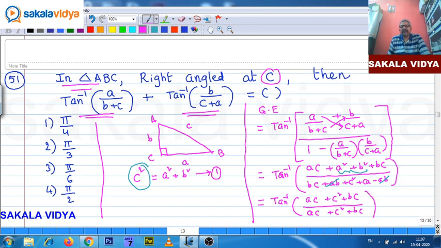It's very interesting, both numerator and denominator are equal, so this gets cancelled and we have 1. Tan inverse 1 is equal to pi by 4. So the first option is the right option.